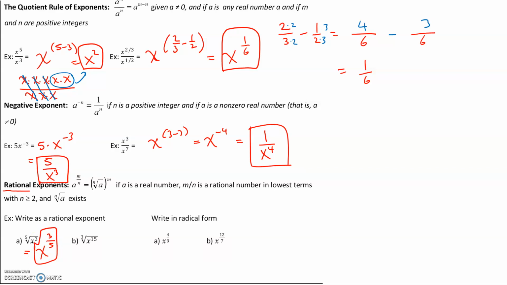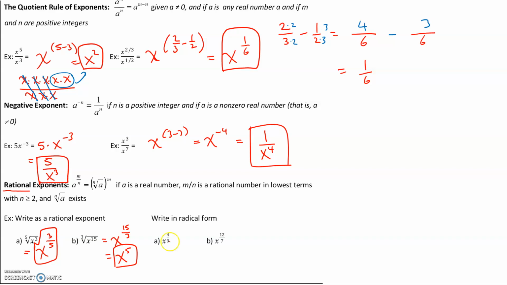Okay, let's take a look at the cube root of x to the 15th. Once again, the exponent becomes the numerator and the root becomes the denominator. But we can actually simplify 15 divided by 3, so this gives you x to the 5th power. Now we want to go backwards. We want to write this in radical form. We have x to the 4/9.